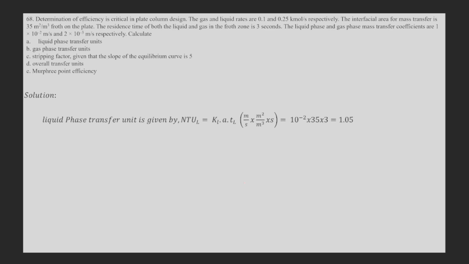Okay, so liquid phase transfer unit is given by NTUL is equal to KLa times tL. How? Meter cube will cancel out, second will cancel out. So this is the formula. Okay, 1.05. Remember this formula.